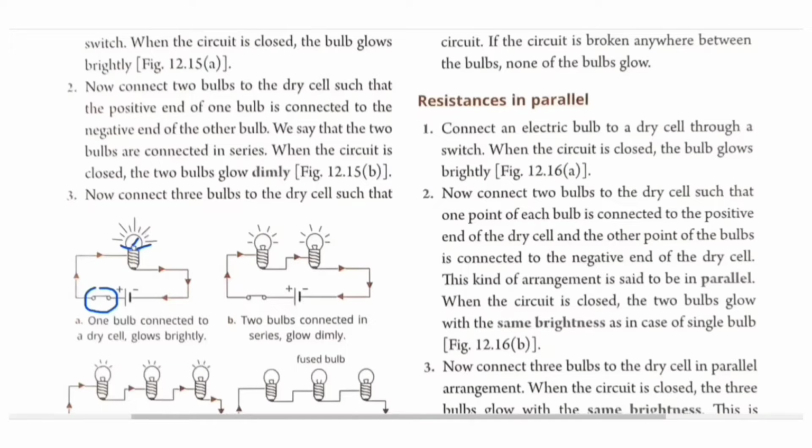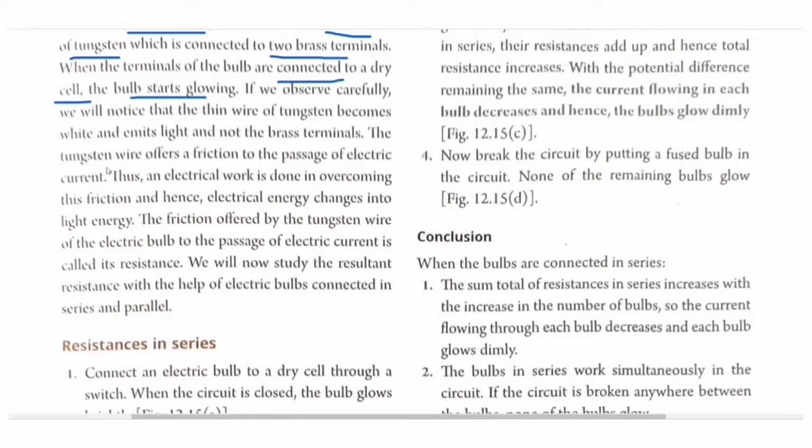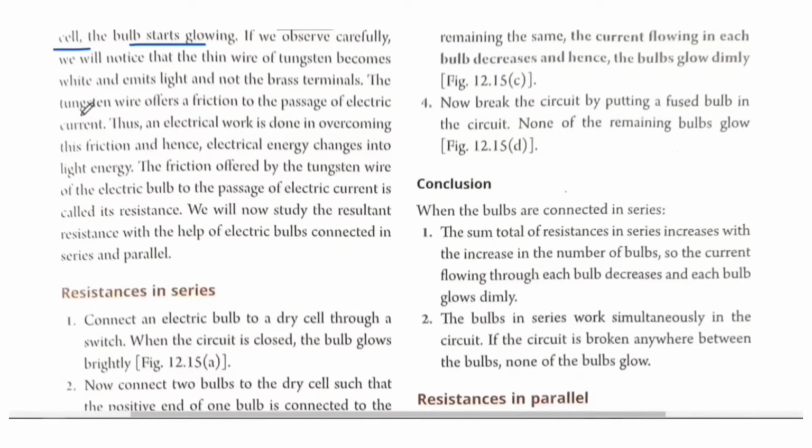So students, when electric current is flowing through this thin tungsten wire, due to its high resistance, it offers friction to the passage of electric current through it. Means when electric current is passing through this tungsten wire, it is facing a friction.